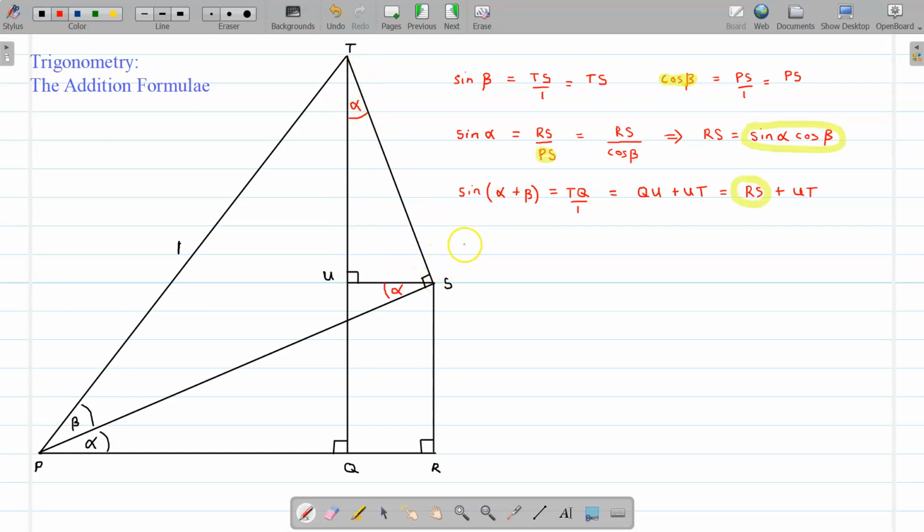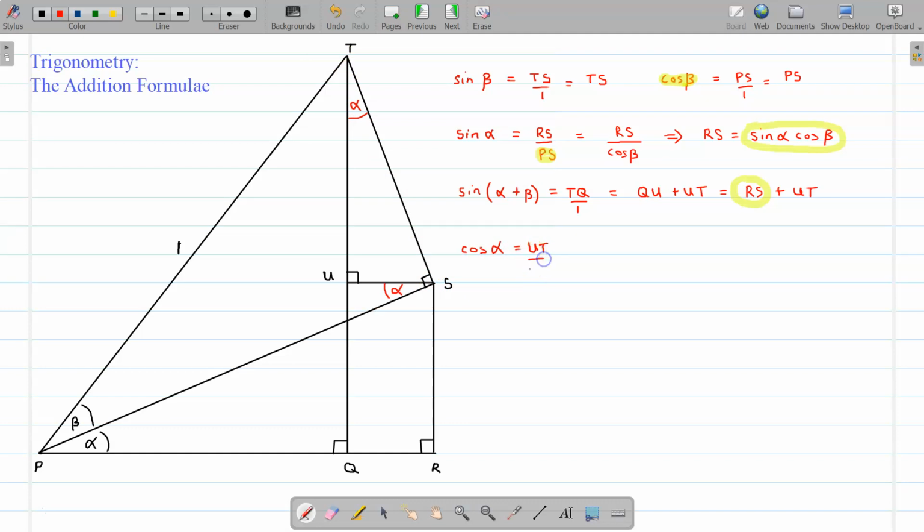So I can say from this triangle here that the cos of alpha is equal to UT over the hypotenuse of that triangle, which is TS.